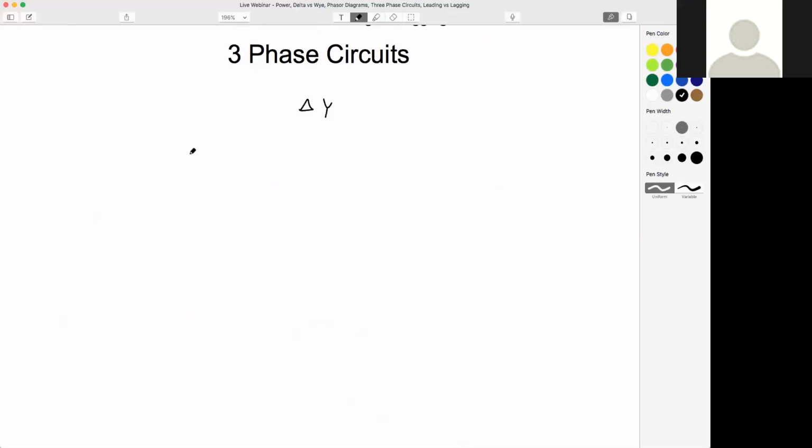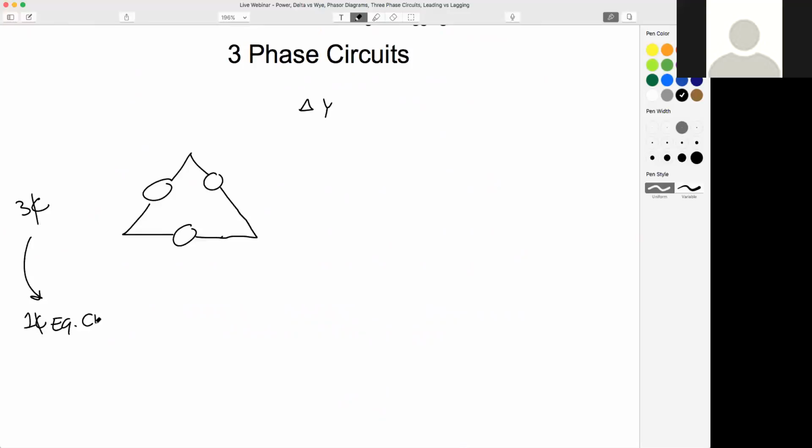Let's say we've got a delta source over here. So typically, anytime you're solving a 3-phase circuit, you always want to go from the 3-phase circuit to a single-phase equivalent circuit. That's almost always the goal. So let's say we have some delta Y source, and we'll call this A, B, and C. And let's say we have a line impedance, right?